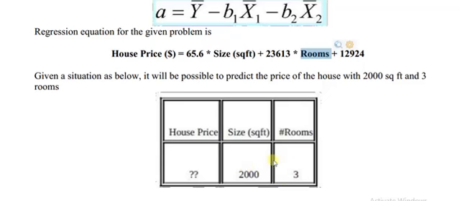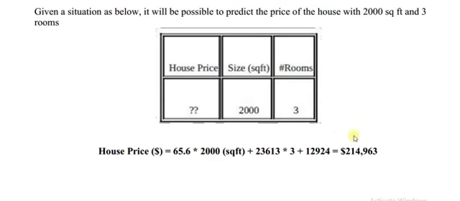So that's how we computed it: 65.6 into 2000, the size of the house, and the number of rooms is 3. In the end we arrived at a value of $214,963 for 2000 square feet and 3 rooms.